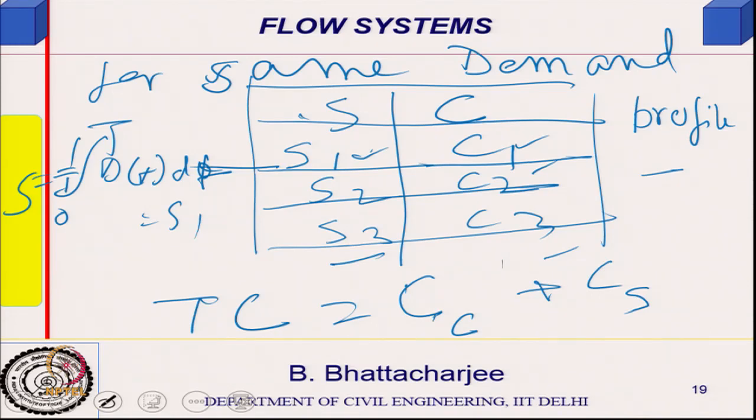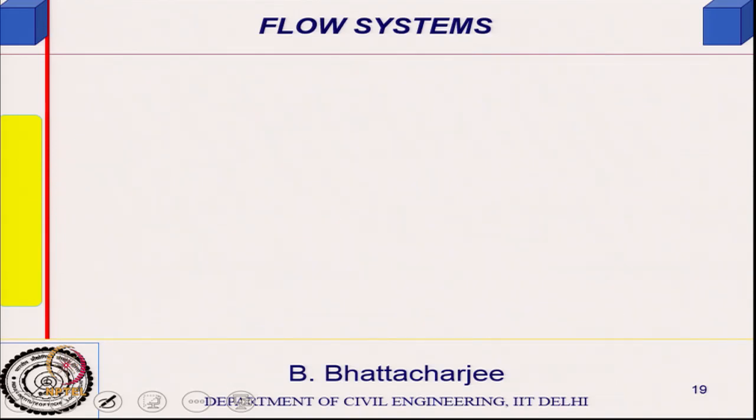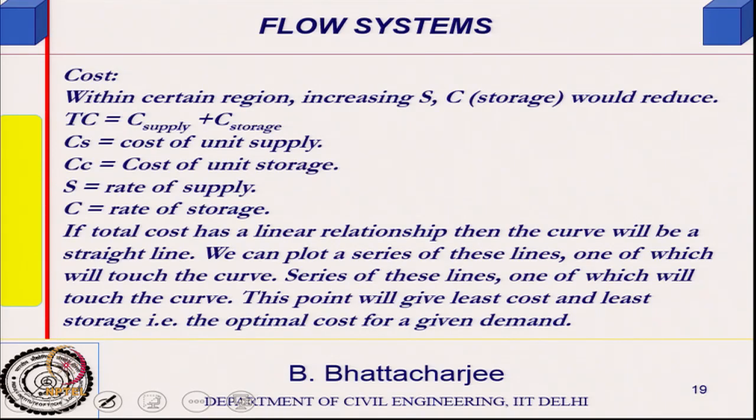Now, supposing I know the unit cost per unit, then simply multiply this and you can find out. So, that is what we can do. Let us see how it goes. So, as S increases, C would reduce. So, cost of supply, cost of storage, cost per unit of supply rate, and per unit of storage.